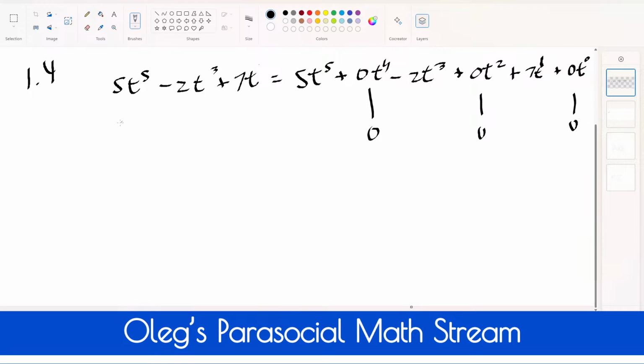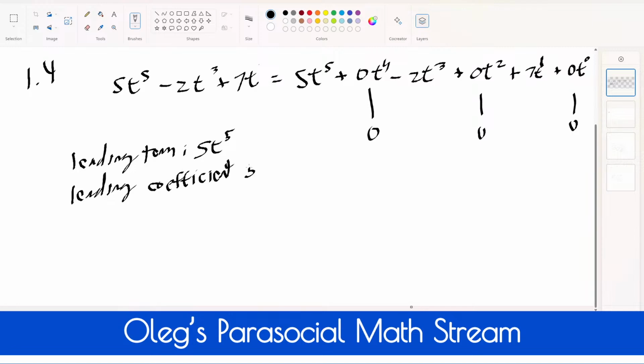So our leading term is 5t to the 5th power, leading coefficient is 5, and our, what was the last question?